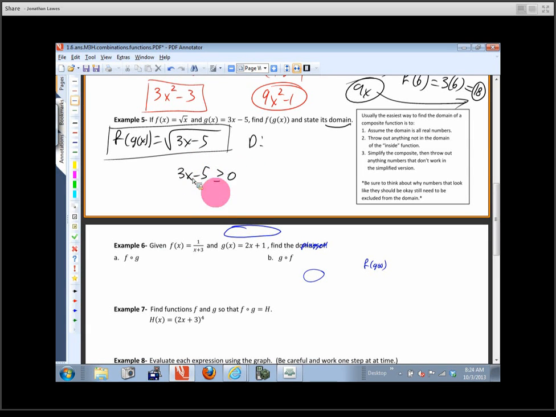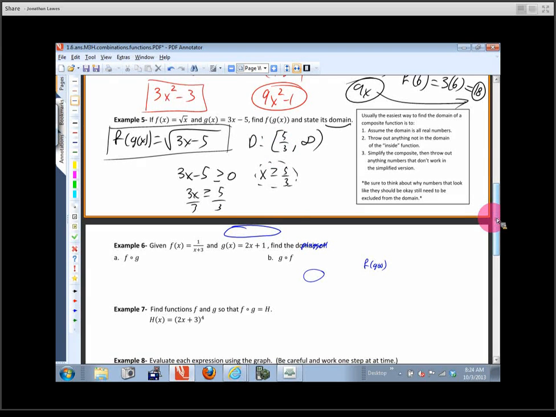So we'll move this over. 3x greater than or equal to 5, divide by 3. So I get x is greater than or equal to 5/3. I could write it that way as an inequality, or I could write this is 5/3 all the way to infinity. It's all greater than 5/3. Round brackets here. What about the 5/3? Square brackets there. Okay. Any questions?